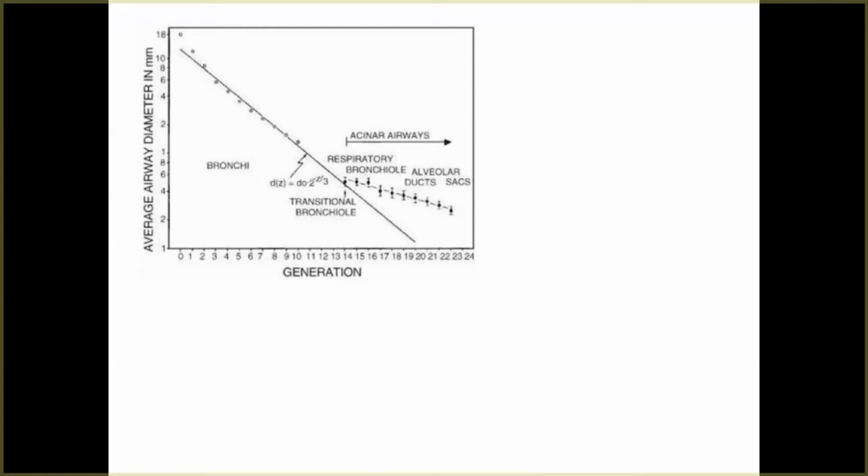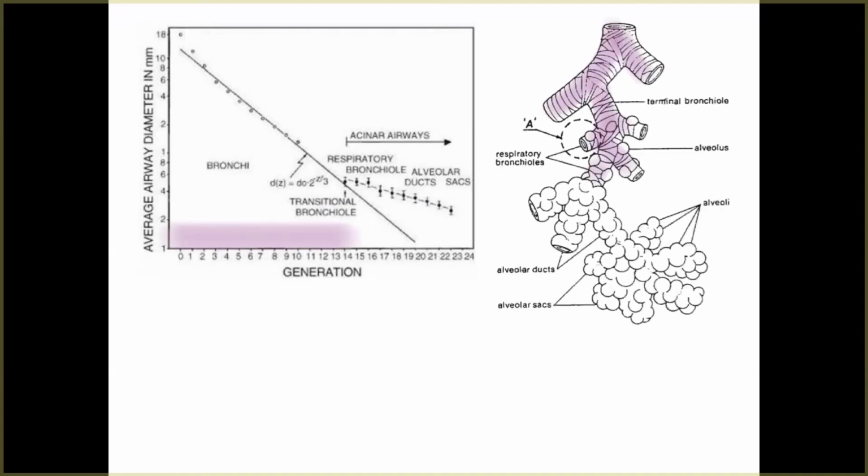And the exponent for this exponential decrease is basically changing around the point where the respiratory region and the conducting region meet. That's at about generation 15, 16. Then the slope changes in this plot, and we can see that there must be something else describing this ratio. Okay, that's something we'll discuss later.